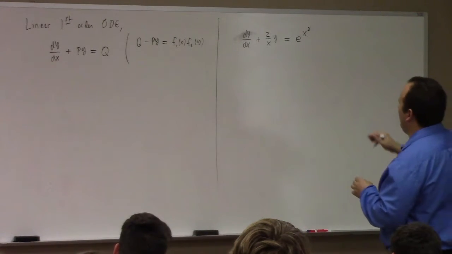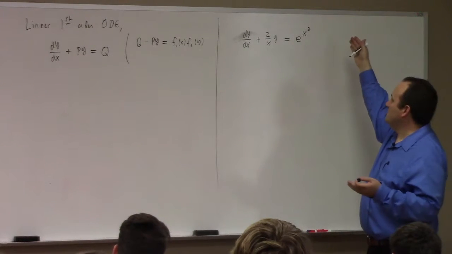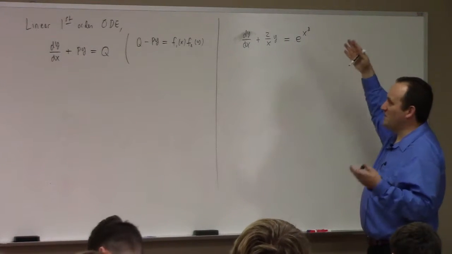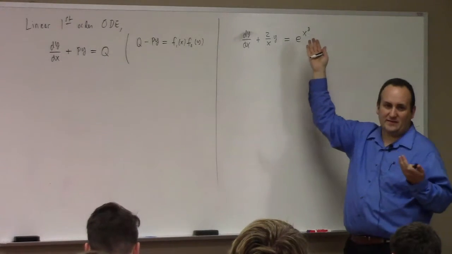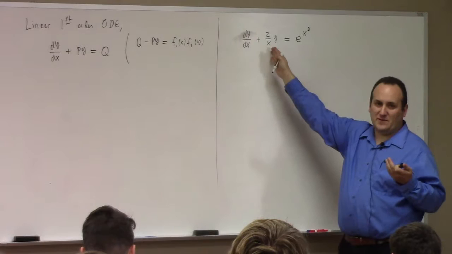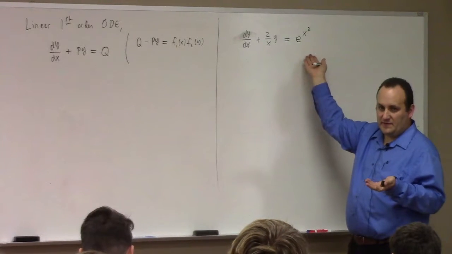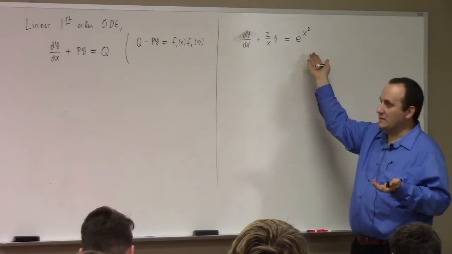If I subtract this to the other side, can you factor out a function of x times a function of y? No, you can't, right? The one's just a function of x, the other one's just a function of y. There's no common y to factor out. You're stuck. You can't do separation of variables on this thing.